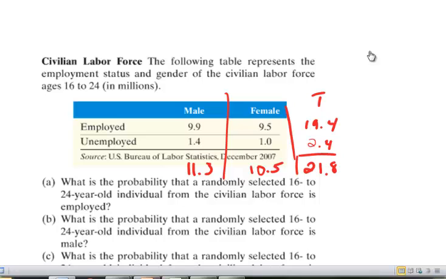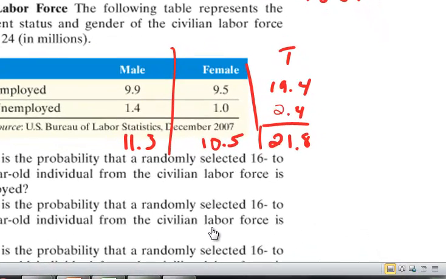So what's the probability that a randomly selected 16 to 24-year-old individual from the civilian labor force is employed? Remember, the probability is the number of successful events divided by the total. So how many successes do I have? In this case, the success is being employed. I have 19.4.